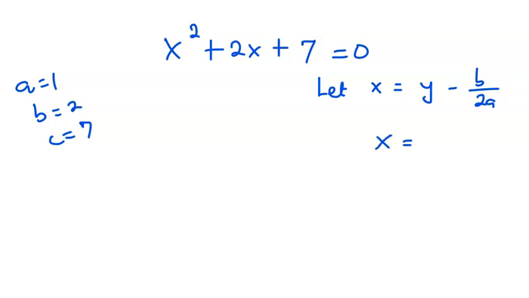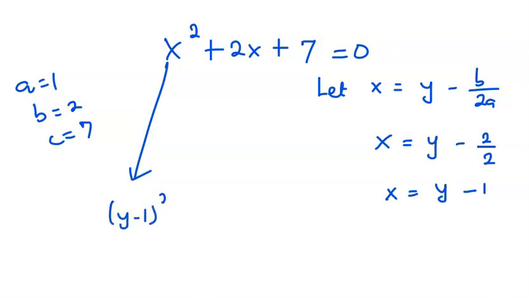So we get x is equal to y minus b, which is 2, divided by 2a, which is 2. We have y minus 1 is equal to x. So making that substitution, we get y minus 1 squared plus 2 into bracket y minus 1 plus 7, this is equal to 0.